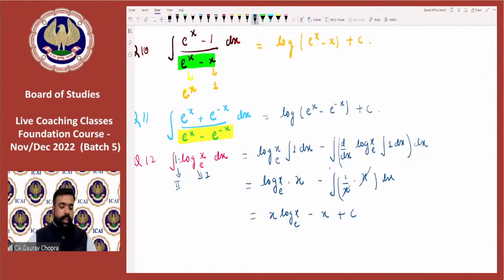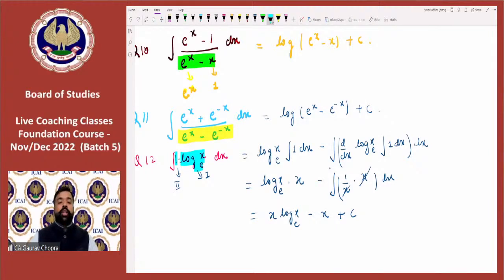Priyanka is asking, can you please repeat this again? See, Priyanka, whenever we are having only logarithm, there is no formula for logarithm to integrate. So we have to apply the second function as well. The second function we have taken as 1. Now, 1 is the second function and log is the first function.